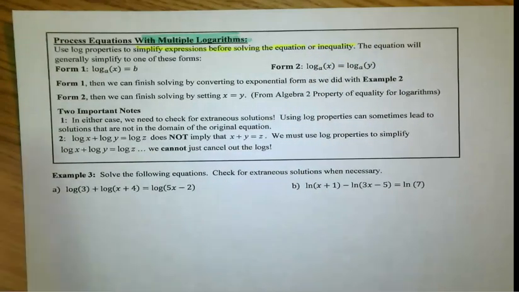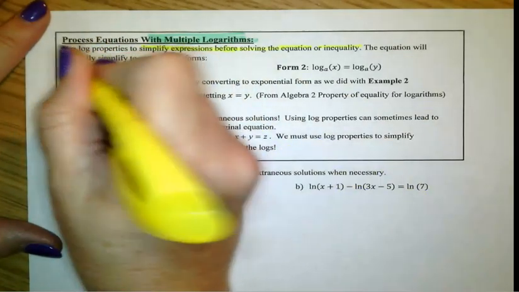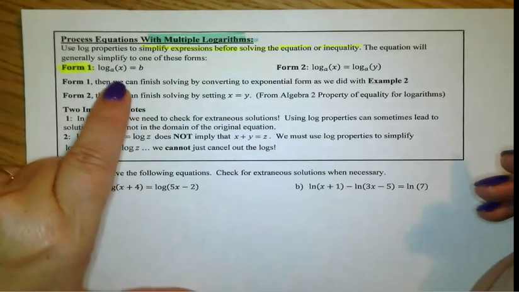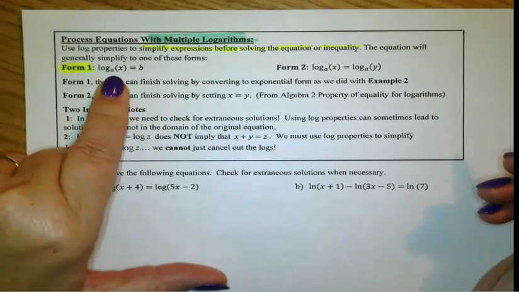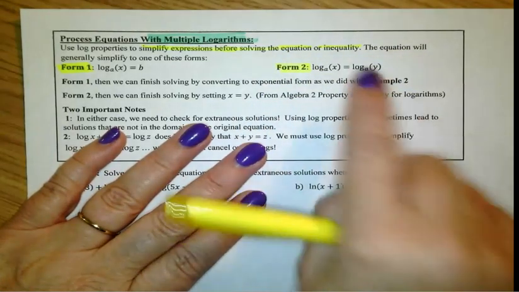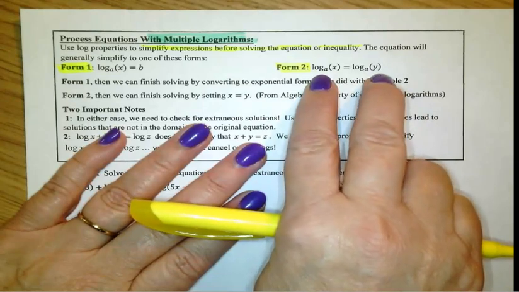And this equation will generally simplify to one of two forms. We have form 1, where we can simplify it down to a single log on one side, or form 2, where we can simplify it down so we have one log on each side of the equal sign.